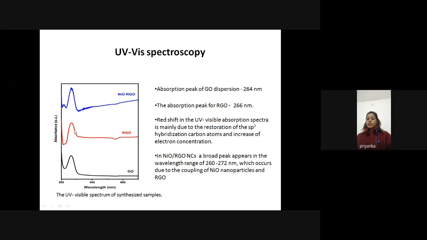And this red shift occurs due to the restoration of sp2 carbon, and it also shows the increment in electron concentration. In NiO-RGO nanocomposite, we have observed a broad peak in wavelength range 260 to 270 nanometer, which occurs due to the coupling of NiO nanoparticle and RGO.